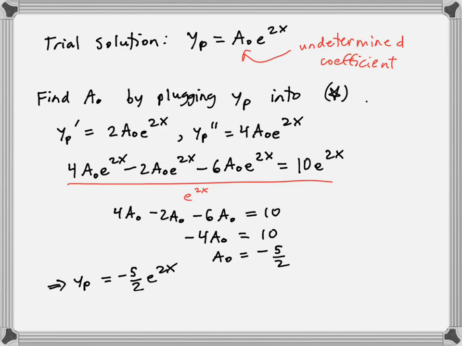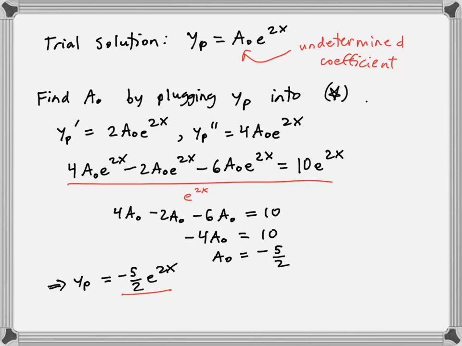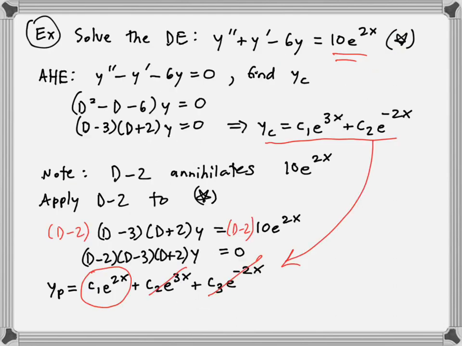Okay, remember our yc from before, so if this is yp, it's right there. And remember our yc is back here. I already underlined it, right? And so our general solution, we're ready to write it down. So this implies that y is equal to, let me write it just how I had it before.